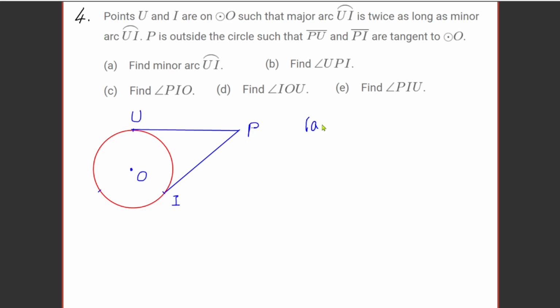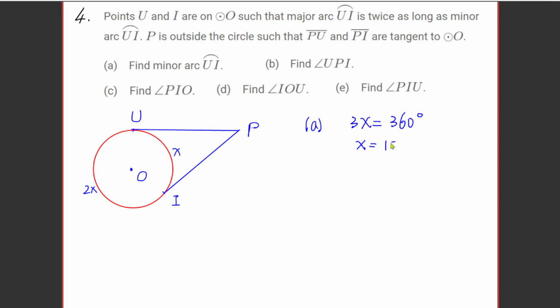First of all, we need to find the minor arc UI. So if we let minor arc UI equal x, therefore major arc UI has a measure of 2x, right? So if this is x, this is 2x. Then we know 3x equals 360 degrees.